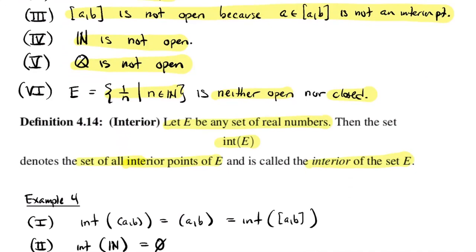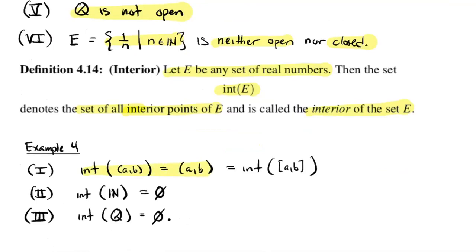To give you some examples, the interior of the open interval is the open interval. Every point is interior. The interior of the closed interval is the open interval. So it's not an accident here that the interior of these sets is open. I'm going to leave that as an exercise to think about.